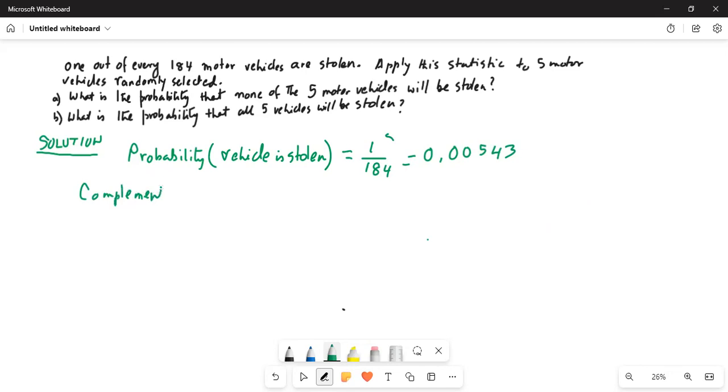So the complement event is the vehicle is not stolen. Not stolen.